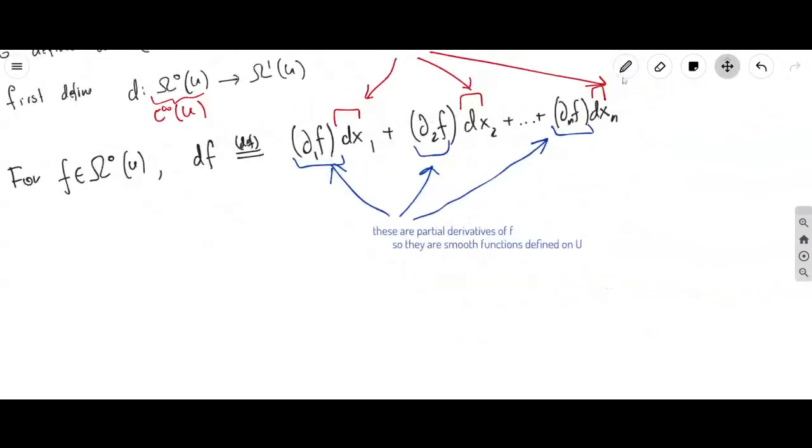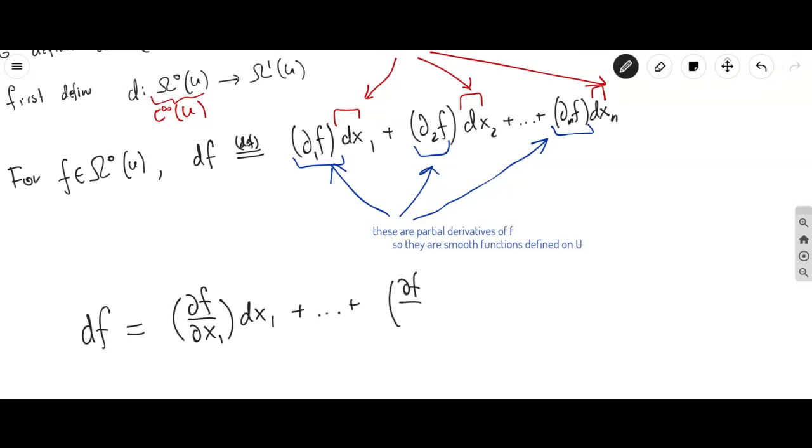You can also write it a little bit differently. Some people would write df as the partial derivative of f with respect to x1, where x1 just represents the first coordinate. This is a smooth function, and then you multiply it by dx1, where dx1 is the differential symbol. And then you do it all the way up to the last one.